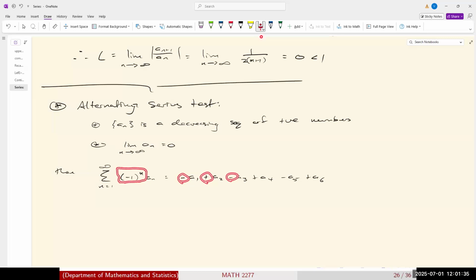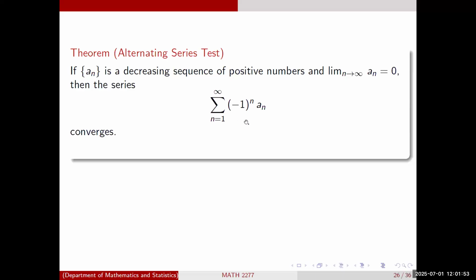Every term, it's changing the sign as you go along. So the alternating series test gives us a way to figure out whether these alternating series converge.